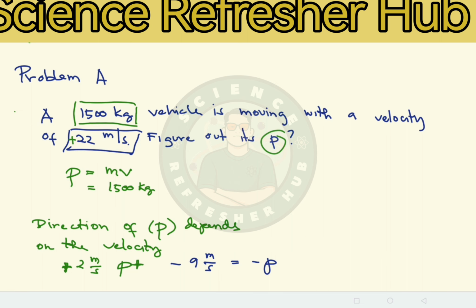Mass is 1,500 kilograms, and velocity is positive 22 meters per second. Momentum of the car is 1,500 times 22 meters per second, 33,000, and the unit will be kilogram meter per second.